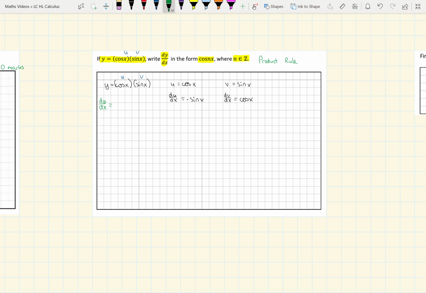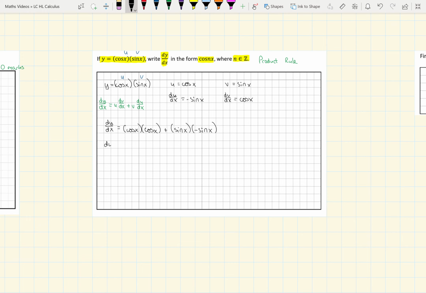And product rule that we know is equal to u times dv dx plus v times du dx. So my u value is cos x, dv dx is equal to cos x plus v, which is sine x, by du dx, which is minus sine x.